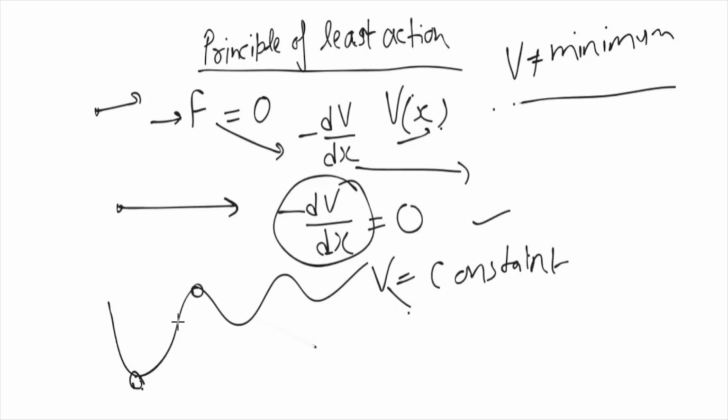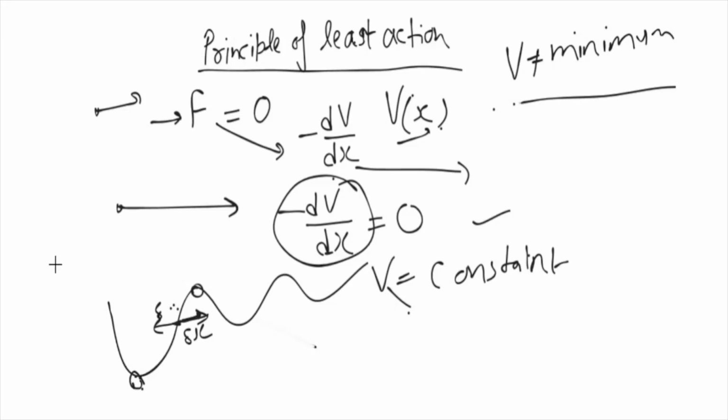If you move slightly to the left, suppose delta x, or to the right, then the potential energy is stationary, it will not change. So it's another way of saying the derivative of the potential energy vanishes.